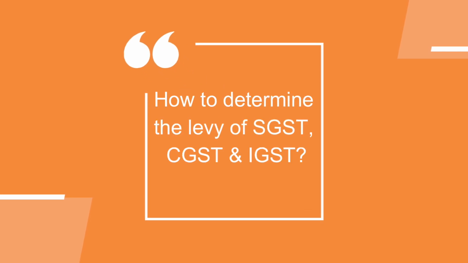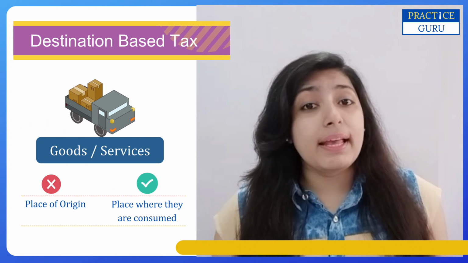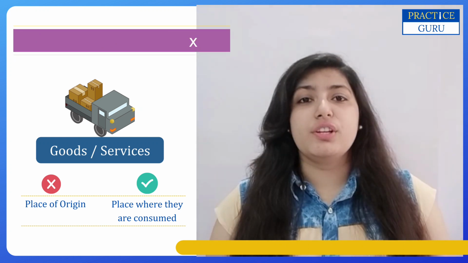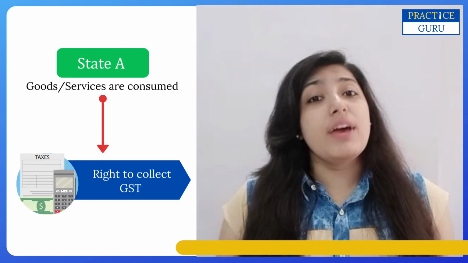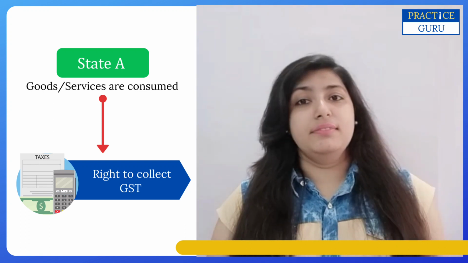Let's now study how to determine the levy of CGST, SGST and IGST. GST is a destination-based tax, that is, the goods or services will be taxed at the place where they are consumed and not at the place of origin. So the state where they are consumed will have the right to collect GST.